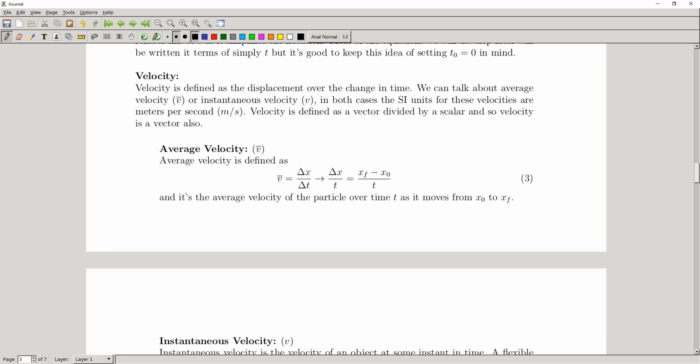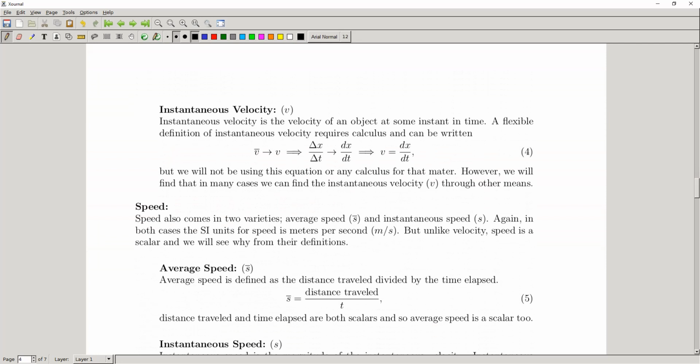So that's average velocity. We can also talk about instantaneous velocity, which for an object is the velocity at whatever instant in time we're looking at that object. To have a really flexible definition for instantaneous velocity, we need to use some calculus, and basically our delta x is just going to go to a dx, and our delta t, our change in time, is going to go to an infinitesimal change in time, a dt.